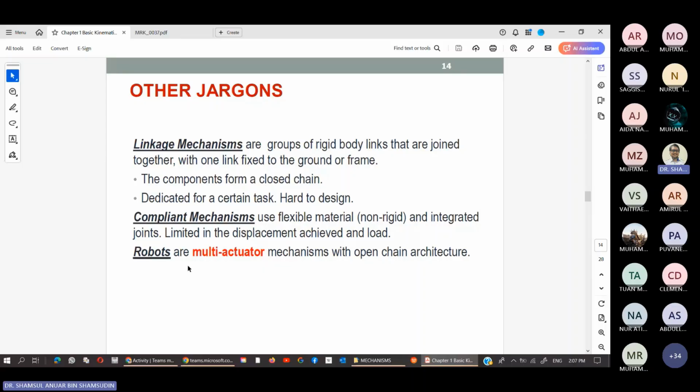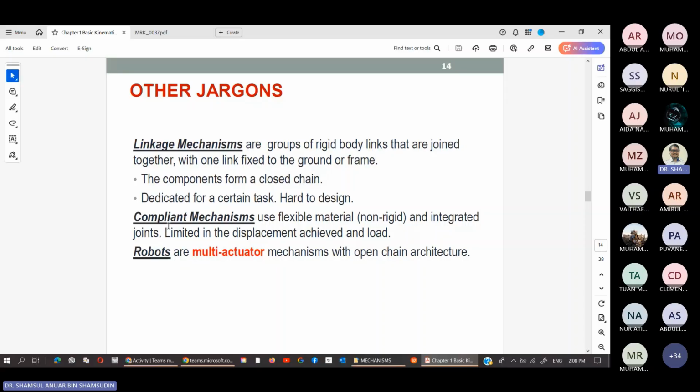Another type of mechanism is robots. We are not talking about R2D2, but if R2D2 were a real robot, that could be included too. Usually our focus is more on industrial robots, robots that can be used in industrial settings, such as for pick and place and for welding, and a lot of painting can also be done by using robots.